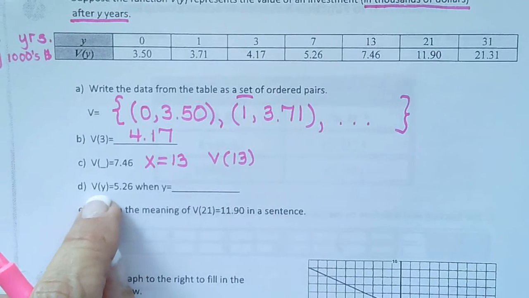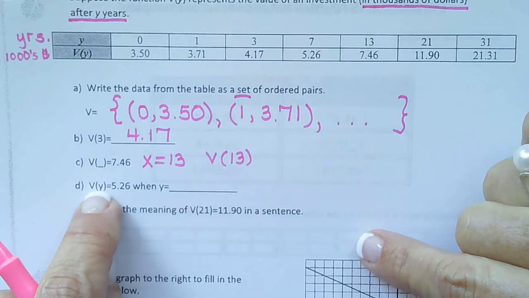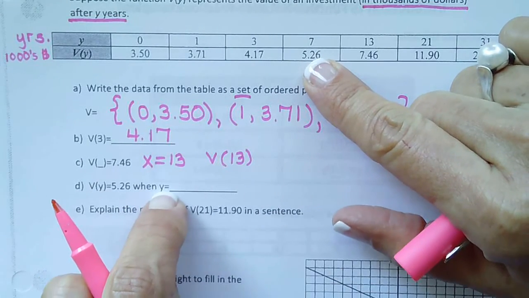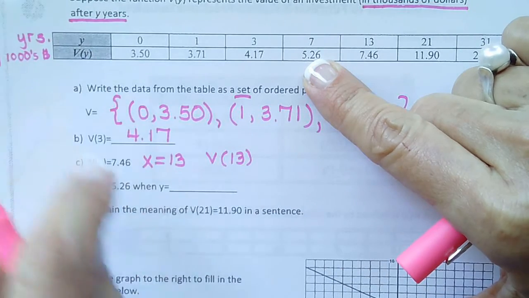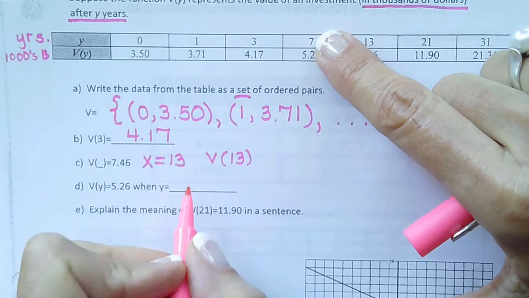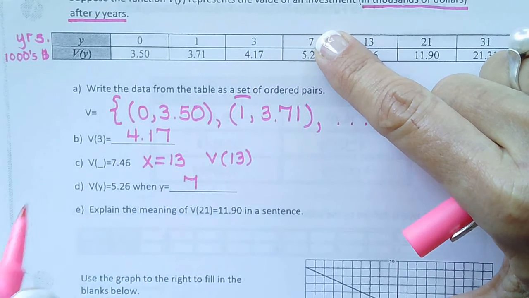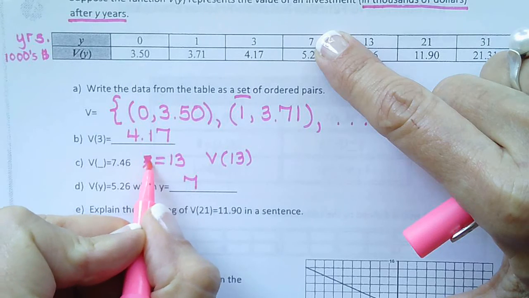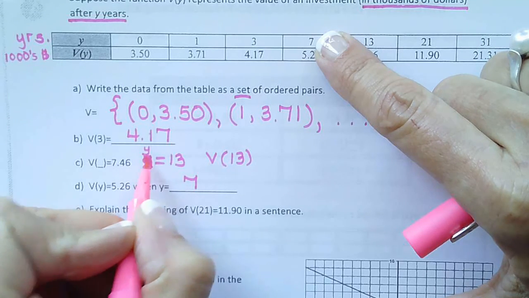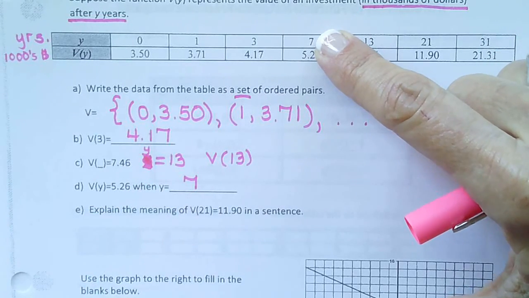So this one is saying when y is 5.26, what is x? Remember, our y is our x, and it is 5.26 goes with 7. So yes, I should have written y equals 13 there, which is really our x, but I just want to make sure you guys are getting that.